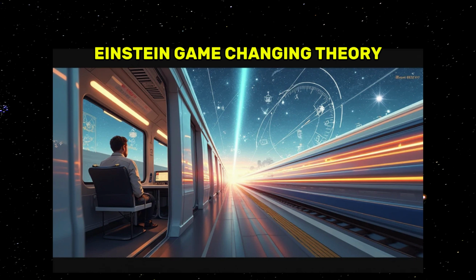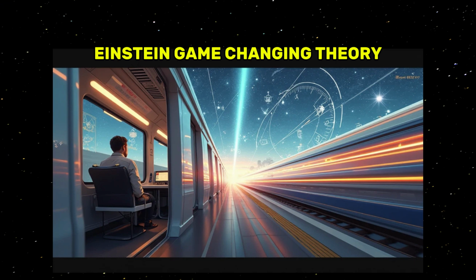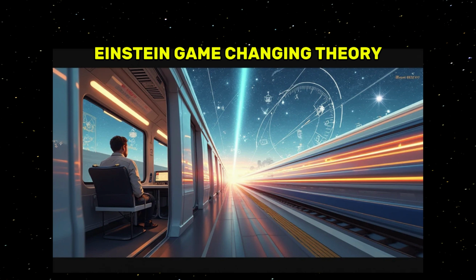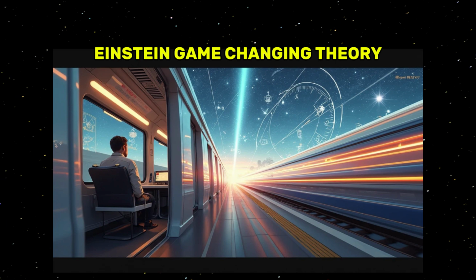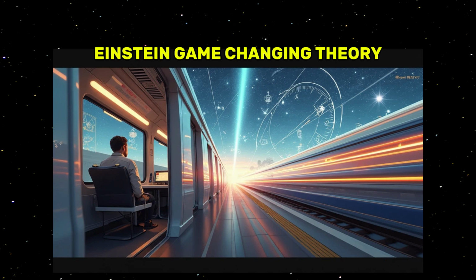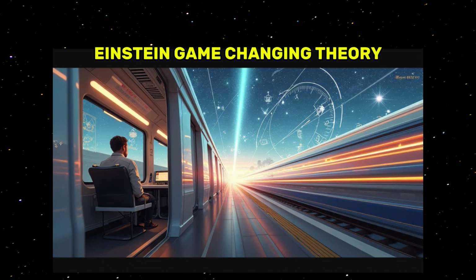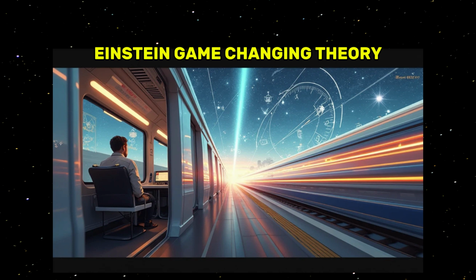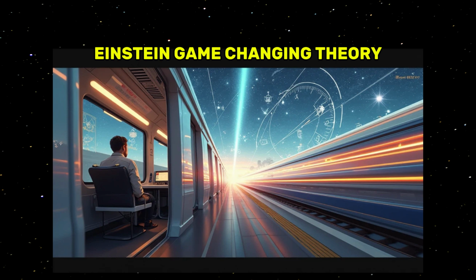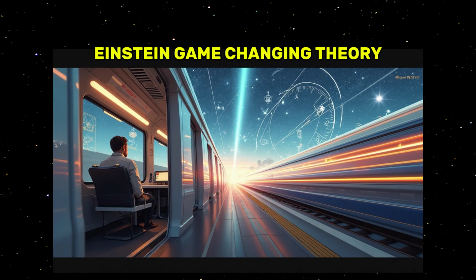So, light speed becomes a cosmic speed limit, one that nothing can break. This has huge implications for space travel, communication, and how we understand cause and effect. It means that no signal or object can transmit information faster than light, setting clear boundaries on how far and how fast we can reach across the universe.